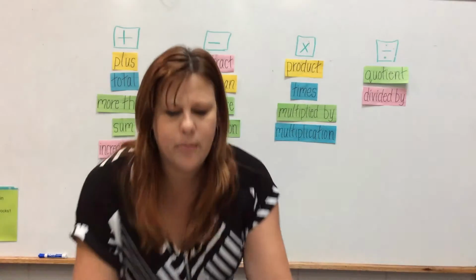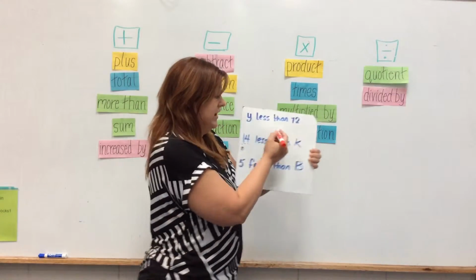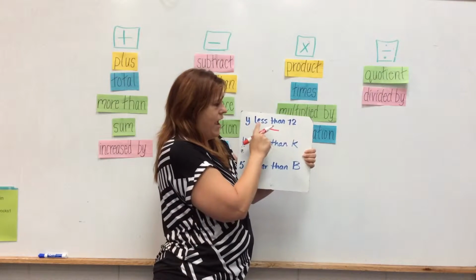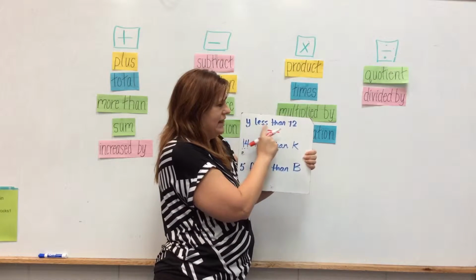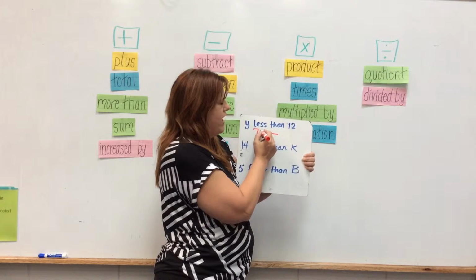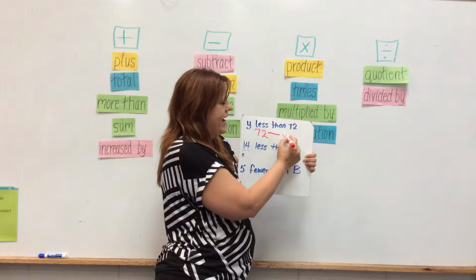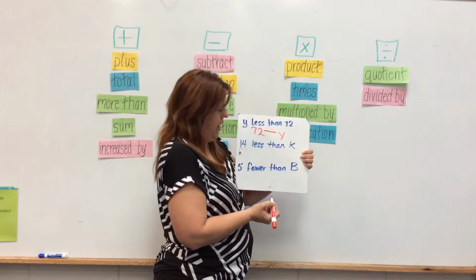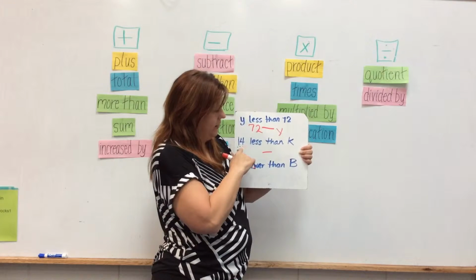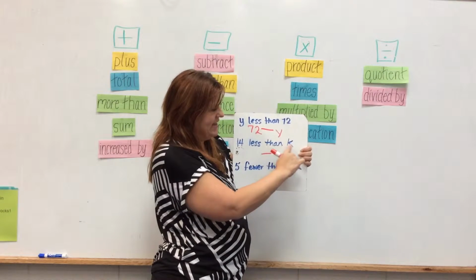So let's look at a couple more examples of that. Less than, light bulb, subtract, okay? Now, listen to what it's saying. Y less than 72. That means that 72 is what I'm starting with, and I'm subtracting y from it, okay? All right, look, 14 less than k.